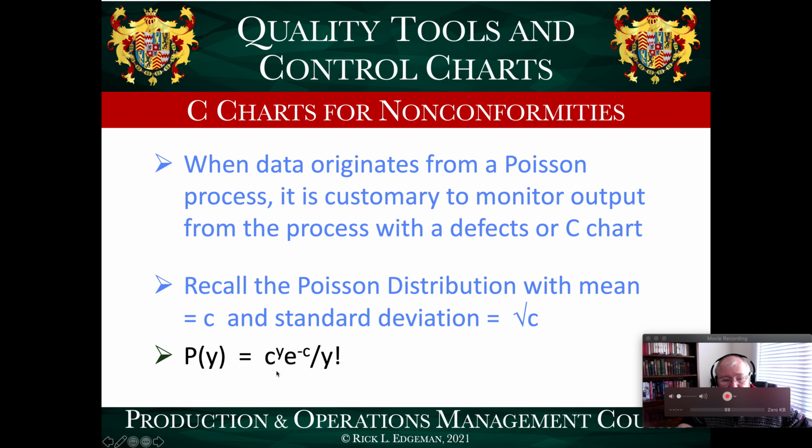For 5 scratches, c to the 5th times e to the minus c divided by 5 factorial, which would be 5 times 4 times 3 times 2 times 1 for 5 factorial. 0 factorial is 1. We've talked about that last week in terms of queuing theory.